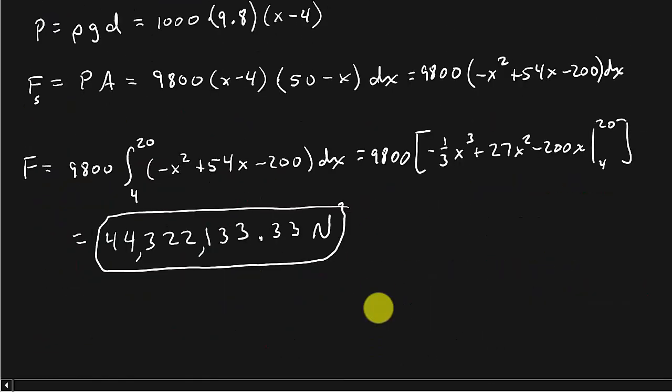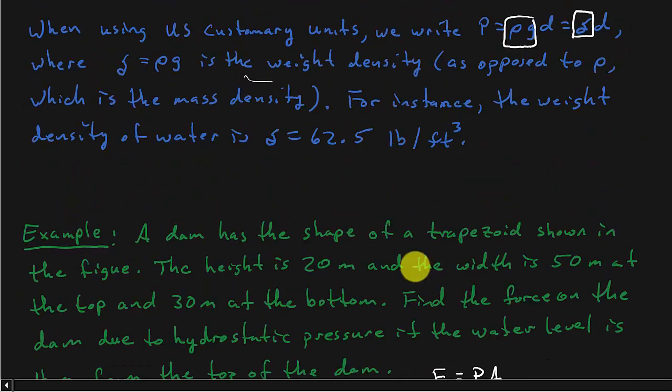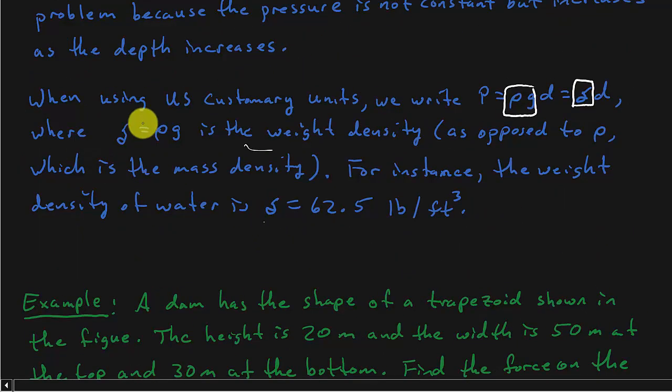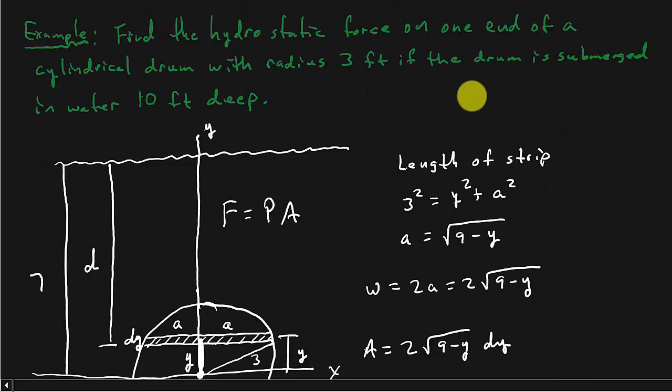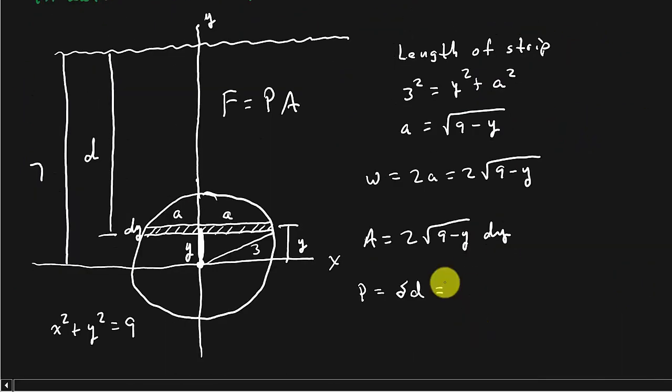Remember, back up here, it tells us when we're in U.S. customary units, the weight density of water is 62.5 pounds per cubic foot. So delta is 62.5, times the distance.